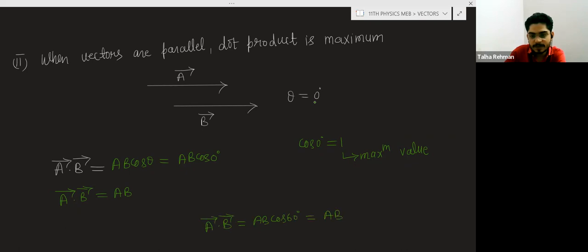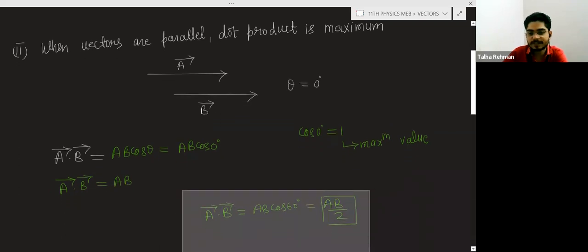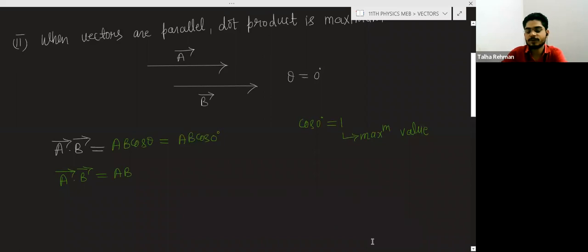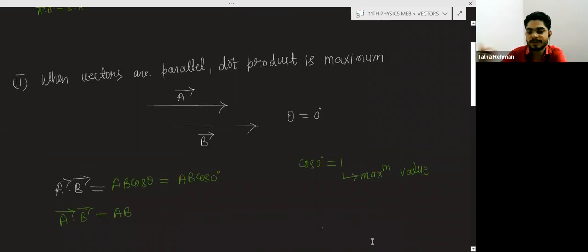Cos 60 is 1 by 2, so you will get AB by 2, and here you are getting AB only. So this is the maximum value, and this maximum value will be at 0 degrees. Different angles you will get different values.